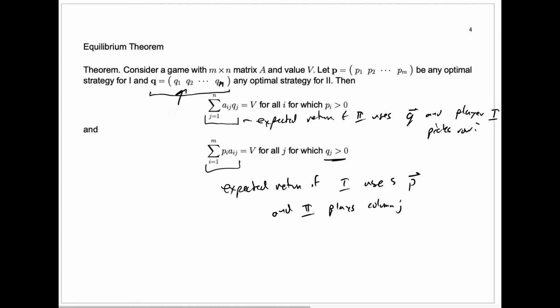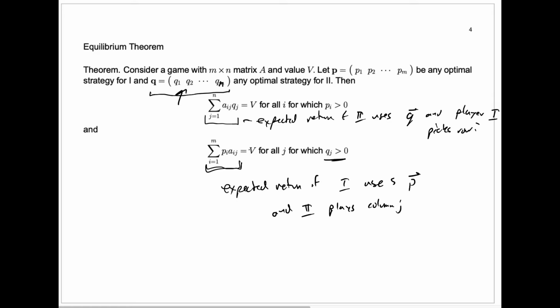A column which is absolutely terrible, totally dominated by other columns, in an optimal strategy might appear with probability 0, and you certainly wouldn't expect this quantity on the left to equal the value of the game for such a column. But if player 2 plays any column which exists with a positive probability in his or her optimal strategies, then we have the expected return exactly equal to V.